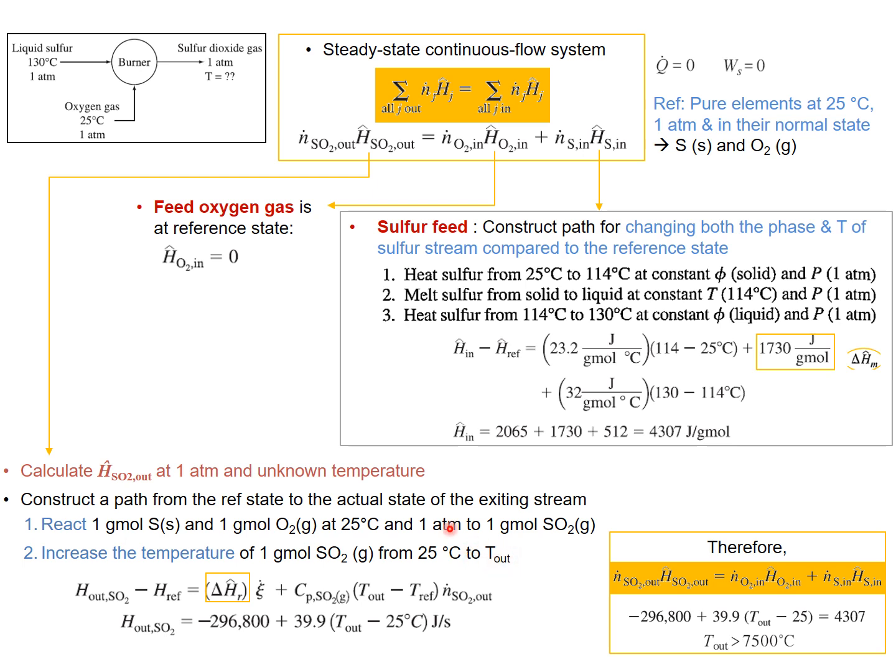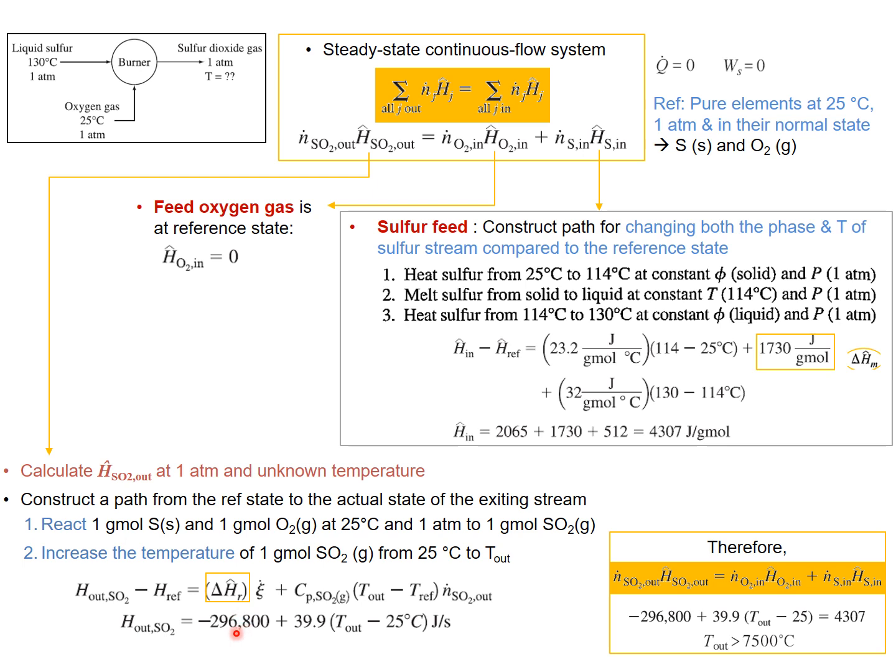I have said we have reacted S plus O2 at 25 Celsius degree. So that is the 25 Celsius degree. So for the second step, you have the temperature difference with the heat capacity of SO2 gas phase with the molar flow rate for the upstream.